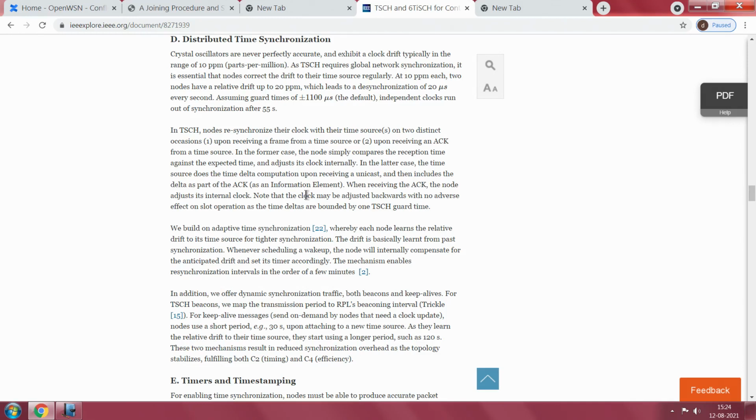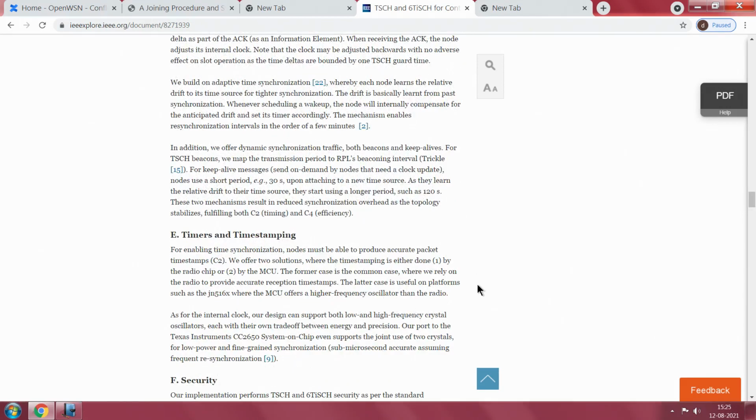Now, when receiving the ACK, what does the transmitter node do? It adjusts its internal clock, and that clock may be adjusted backwards with no adverse effect on slot operation, as the time deltas are bounded by one TSCH guard time. So, that is a good way to do it. You can build on adaptive synchronization and do a lot of interesting things.